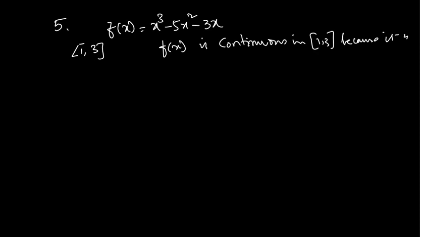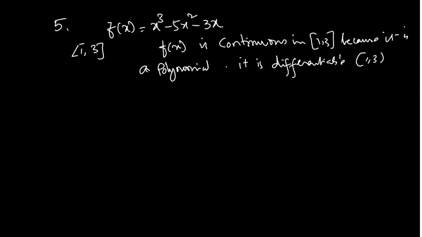Okay. So now let us do the f of a. f of 1 equal to 1 minus 5 minus 3, that's equal to minus 7. f of 3 equal to 3 cube is 27 minus 9 5s are 45 minus 3 3s are 9.